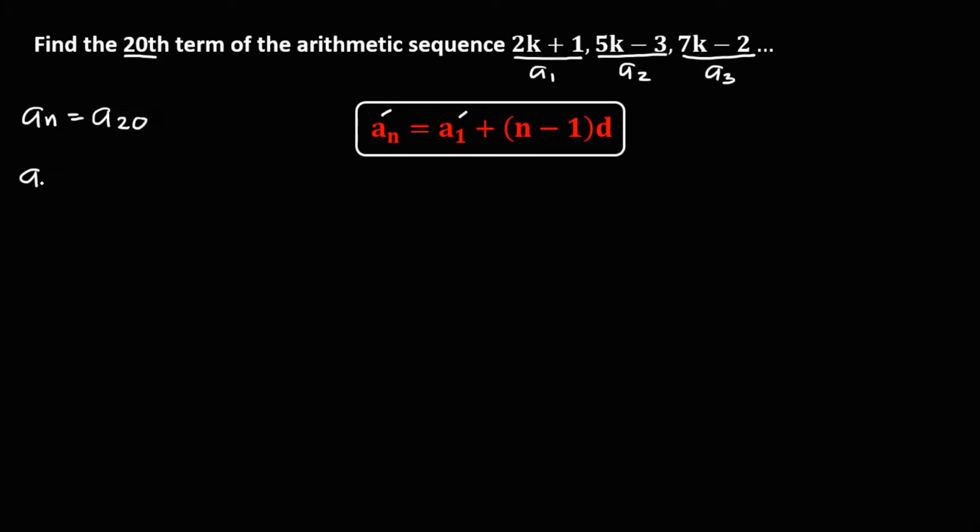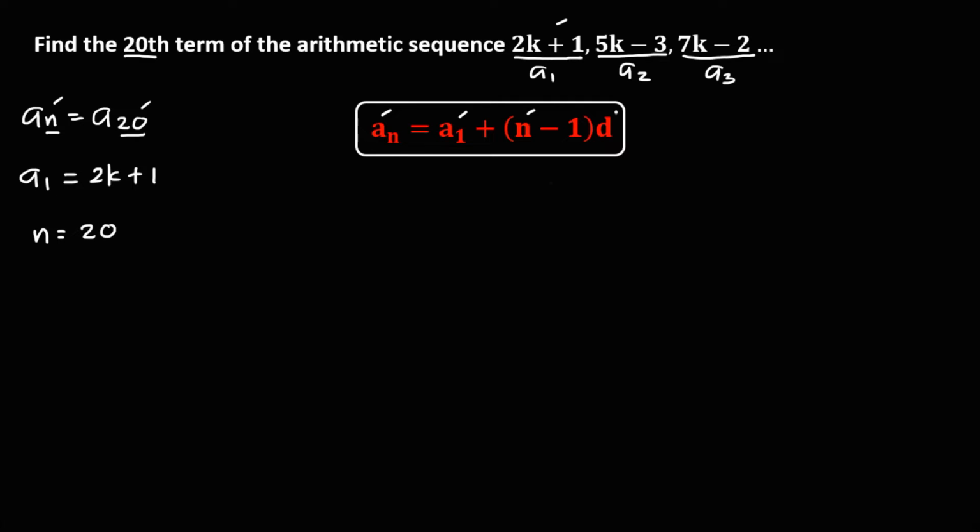So therefore, a sub 1 is equal to 2k plus 1. Then for n, since a sub n is equal to a sub 28, therefore n is equal to 28.